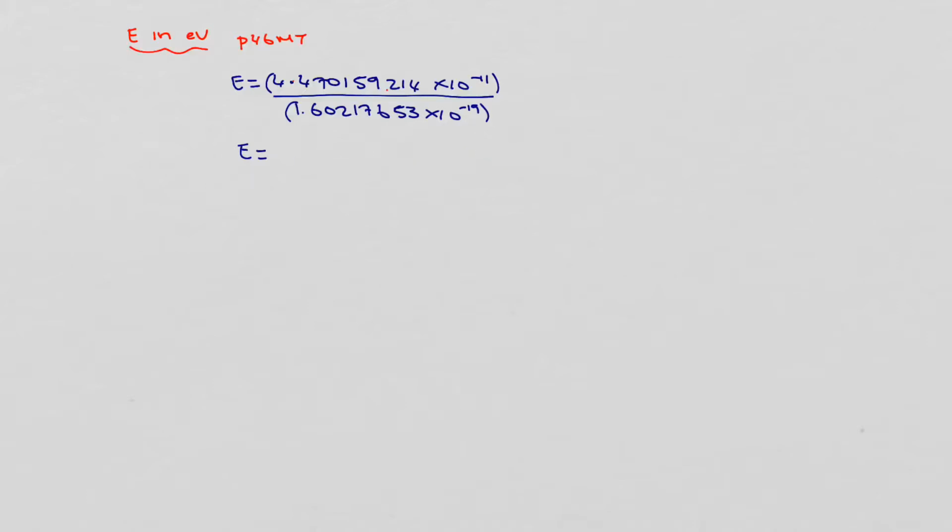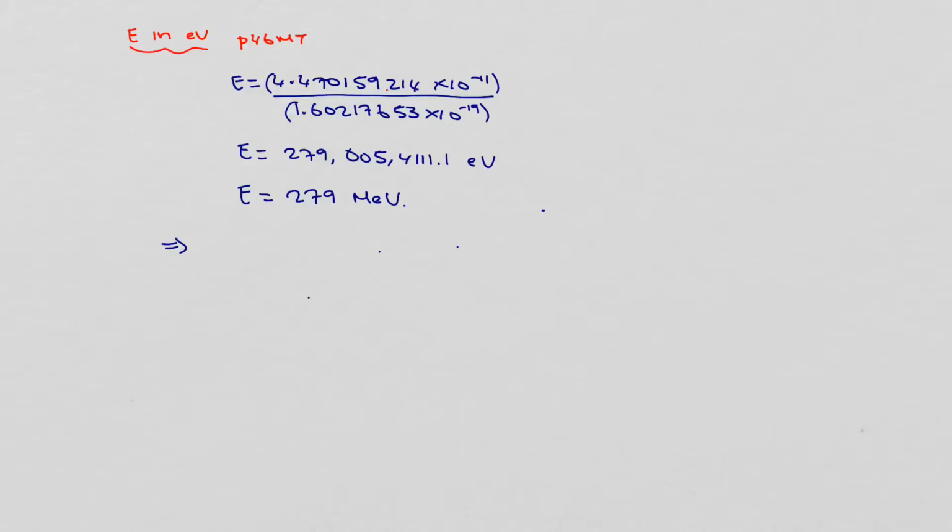Obviously I put in plus 19 there into my calculator. So when we divide those two, we actually get 279,054,111 electron volts. And of course we need to write that as mega electron volts. If we move our decimal place back 6 places, that gives me 279 mega electron volts.